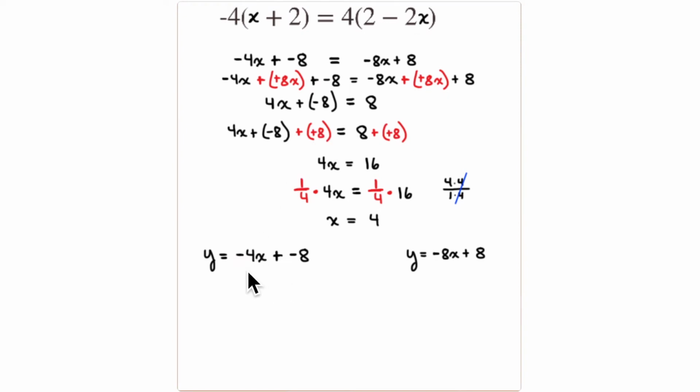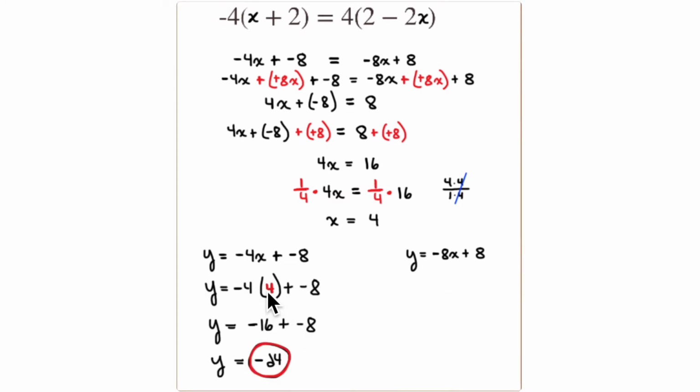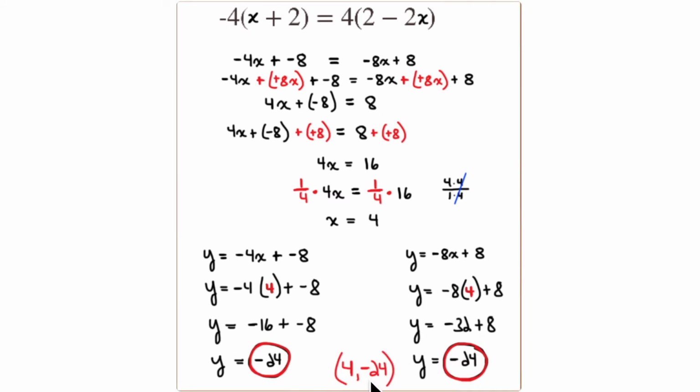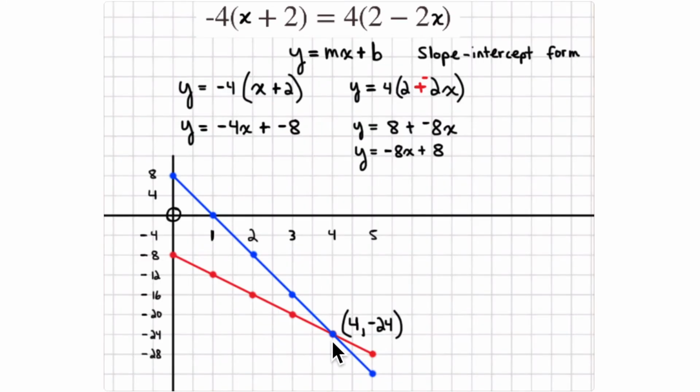So y equals negative 4x plus negative 8, y equals negative 8x plus 8. Replace this x with 4, and you get y equals negative 24. Replace this x with 4, and it has to be equal because these expressions are equal. So the equations, the lines intersect at this point 4, negative 24. So right at this point right here.